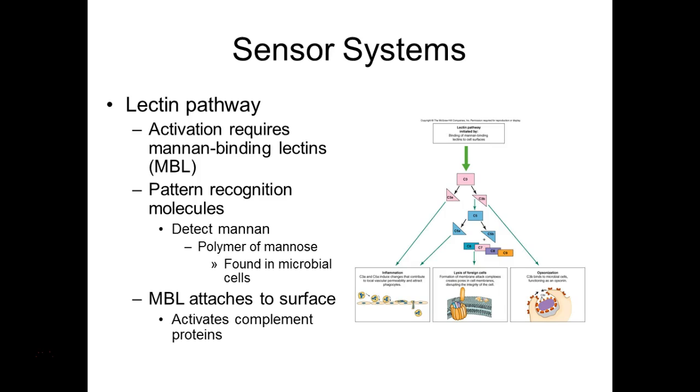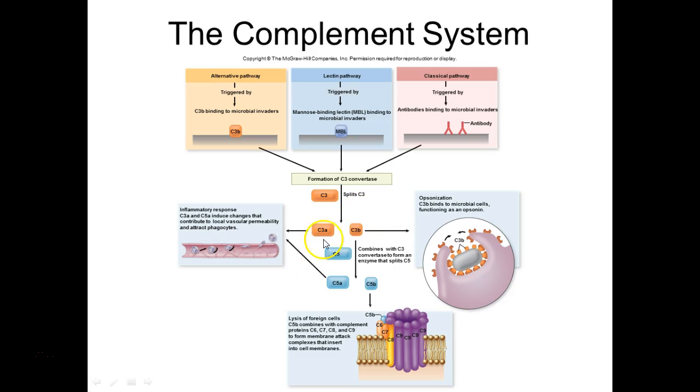One of the main triggers in complement that always happens is C3 breaking into C3a and C3b. As we said, C3a is important for the inflammatory response, and C3b is important for opsonization, binding to the surface of those cells so that we recognize them. The cascade will continue down.